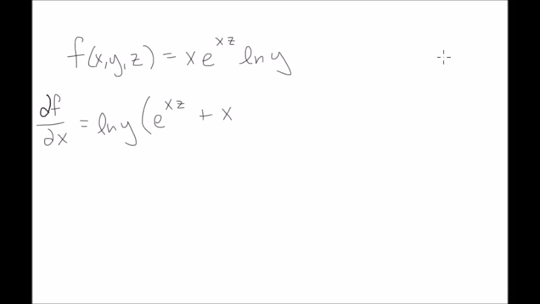Sometimes at this point, I find it helpful to just write out on the side what the derivative with respect to x of e to the xz would be. Well, z is just a constant, so I'm going to use the chain rule. The derivative of e to the x is e to the x, so I have e to the xz unchanged, and the derivative of xz, where z is a constant, is just z.